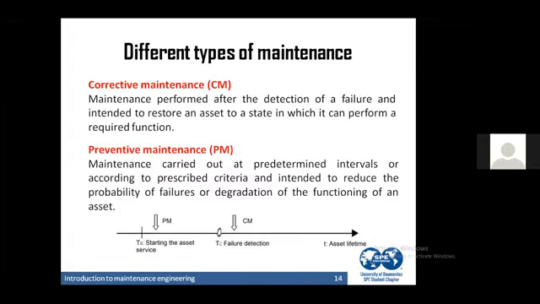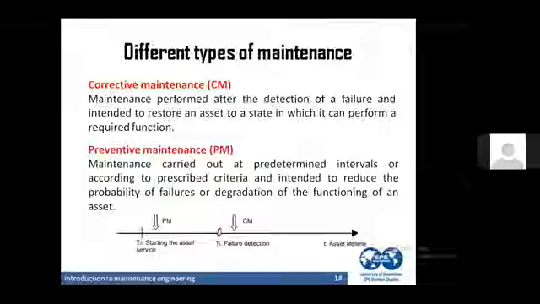The second type is the preventive maintenance, which is the maintenance carried out at predetermined intervals or according to prescribed criteria. Here, we can notice that we have two different terms. The first is predetermined intervals, and the second is prescribed criteria.